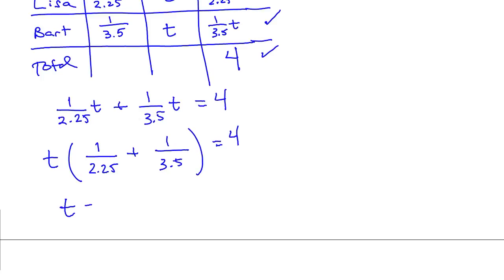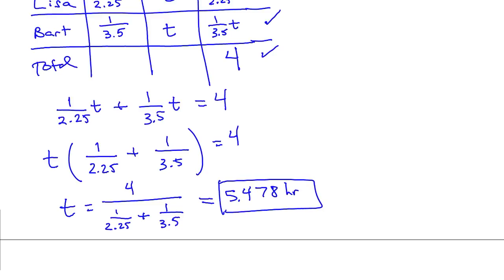So t is equal to 4 divided by 1 over 2.25 plus 1 over 3.5. And if you work that out, you get 5.478 hours. There you go.